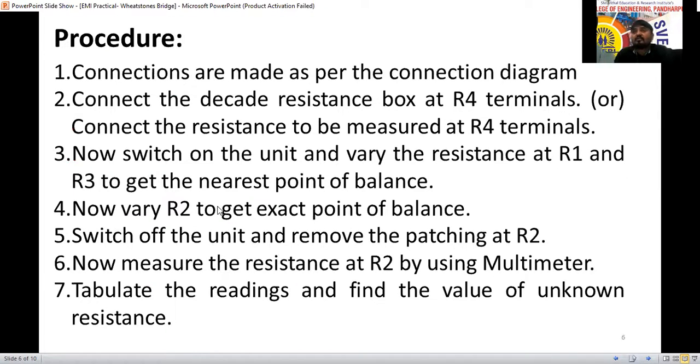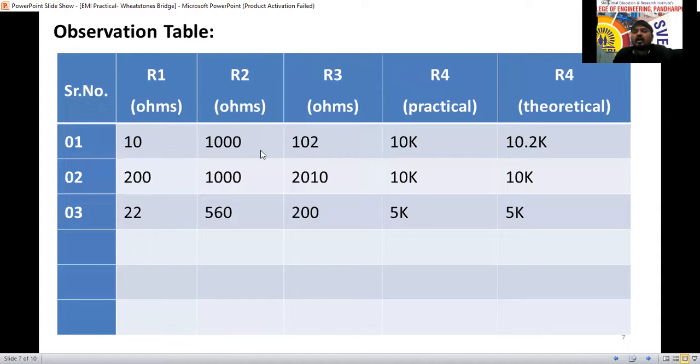This is the observation table we have to note down: serial number, R1, R2, R3, R4. R1, R2, R3 are the known values we consider from the kit. R4 practically how much, and theoretically how much after calculation, we are going to get here.